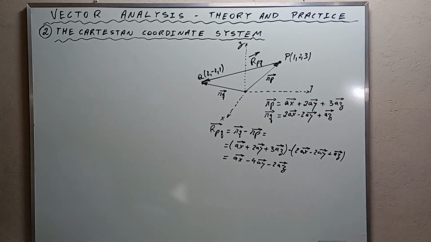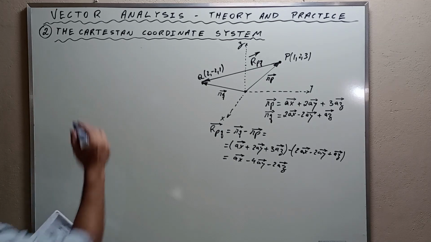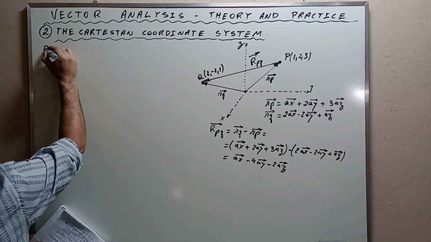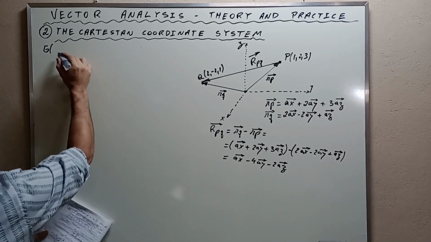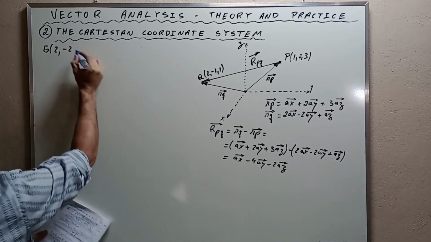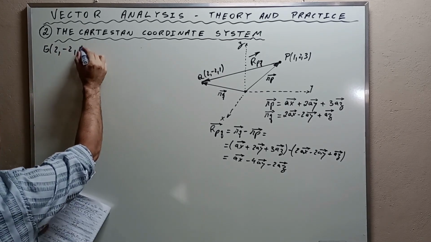Example number 1. Specify the vector extending from the origin towards point G. Point G, 2, -2, and 1.